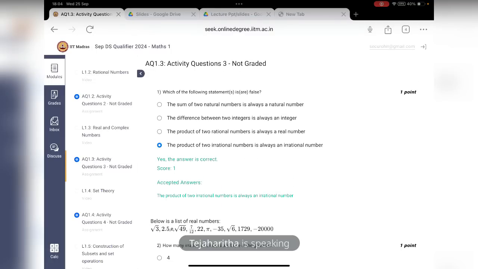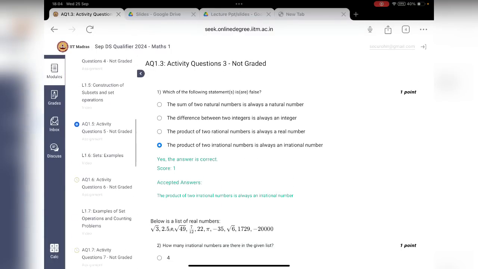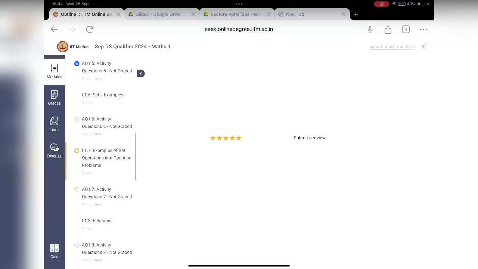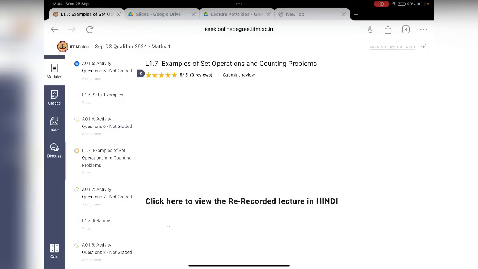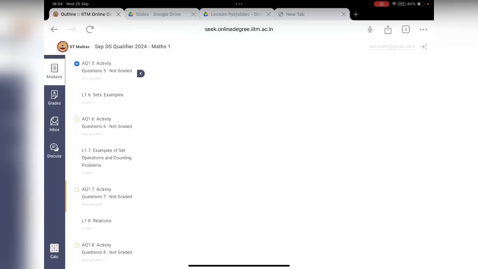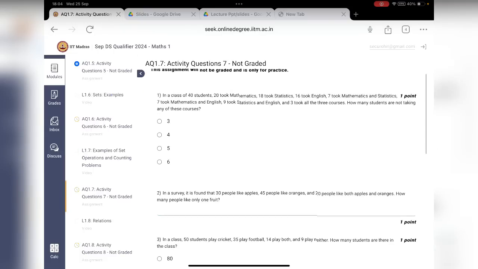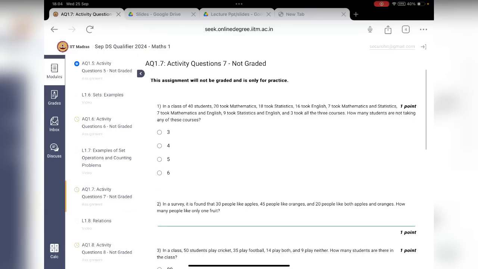In 1.7, in that activity, we can get the first question. Just a minute, Rohit, I'll take a screenshot of this.